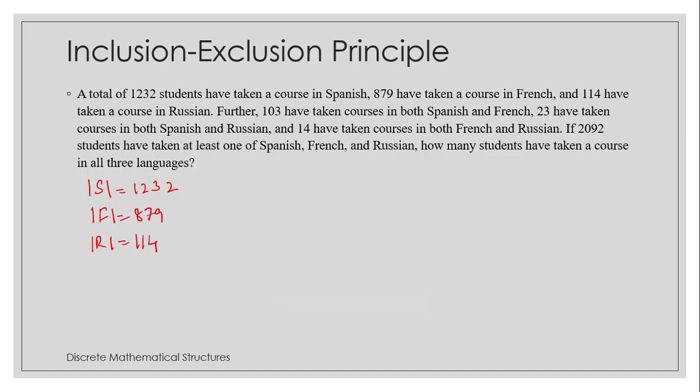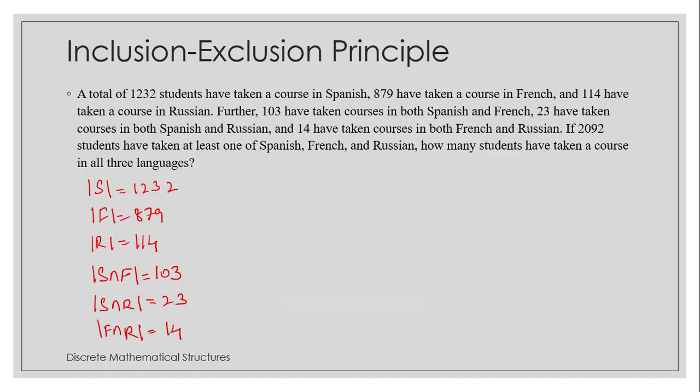Further, 103 have taken courses in both Spanish and French. That means S intersection F is given as 103. 23 have taken courses in both Spanish and Russian, so S intersection R is 23. And 14 have taken courses in both French and Russian.